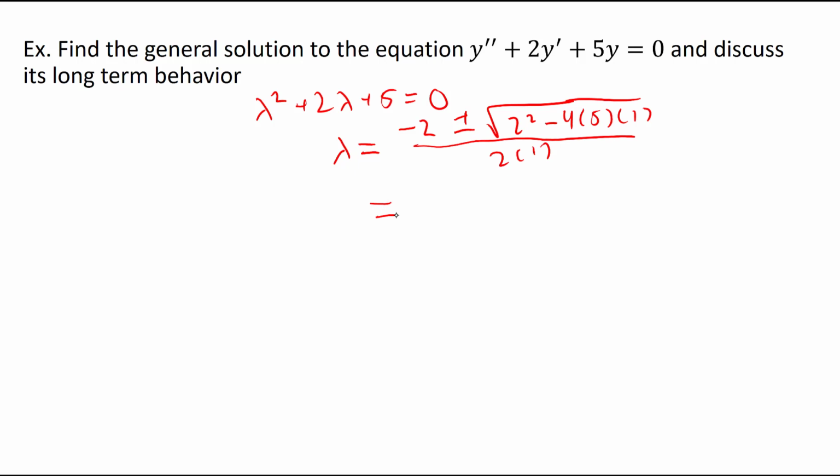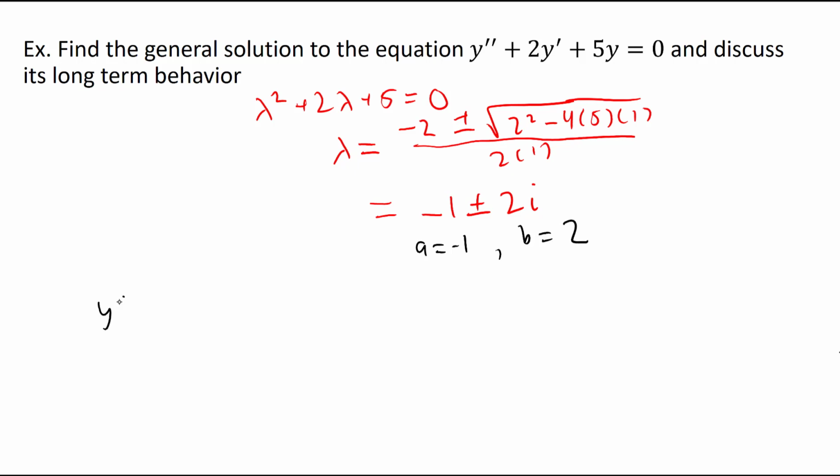And with a little bit of simplification, we can see that all this boils down to negative 1 plus or minus 2i. So if we're comparing this with what we did on the previous slide, we would have a, the real part, is negative 1, and b, the imaginary part, would be 2 here.